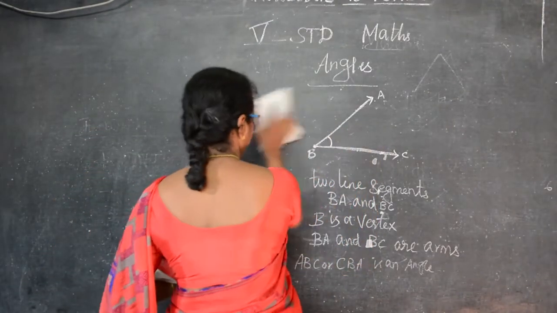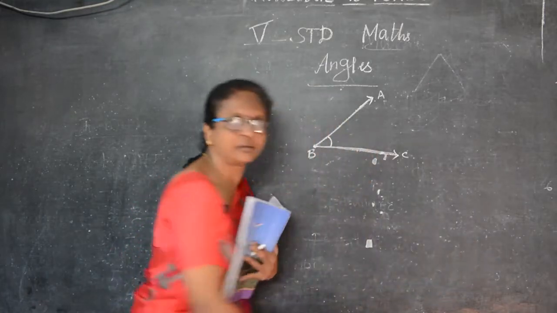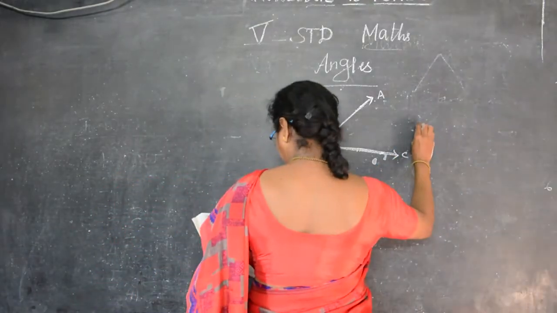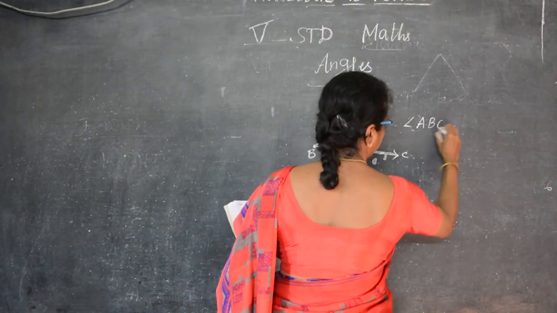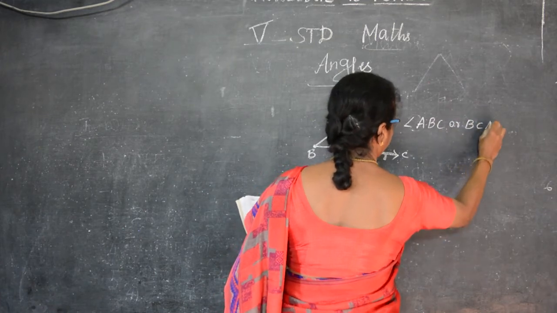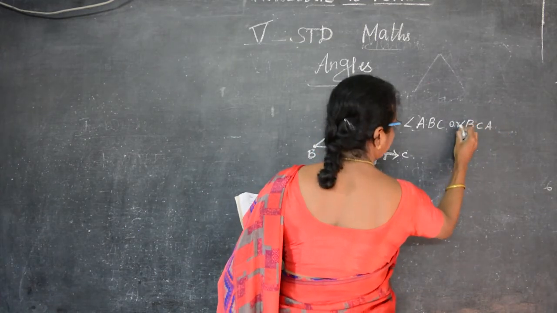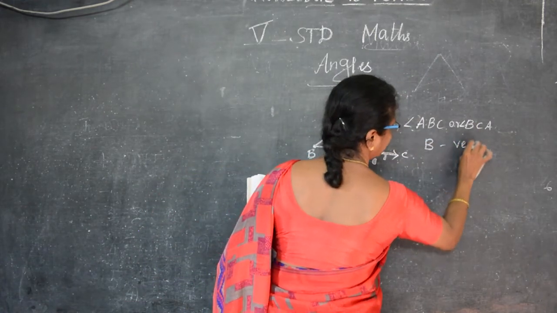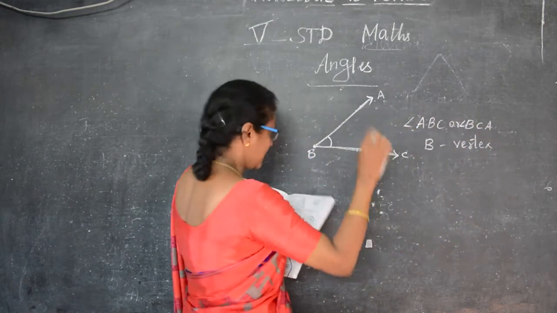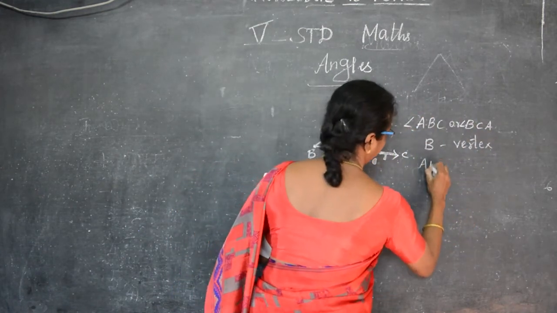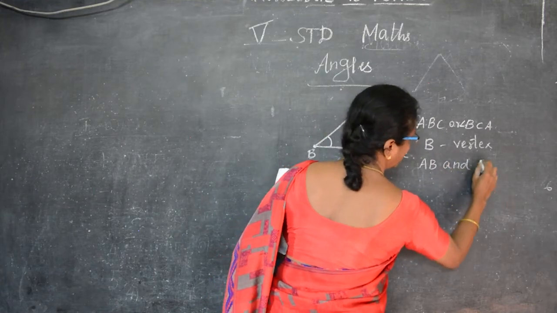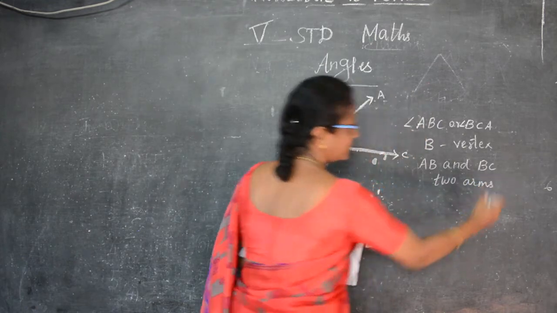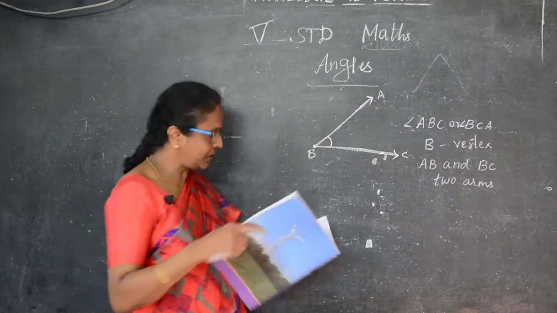Okay, let it be ABC. Name of the angle is angle ABC or angle BCA. And then which is the vertex? B is the vertex. And what are the two arms of the angle? AB and BC are the two arms of the angle. Okay, now another one.